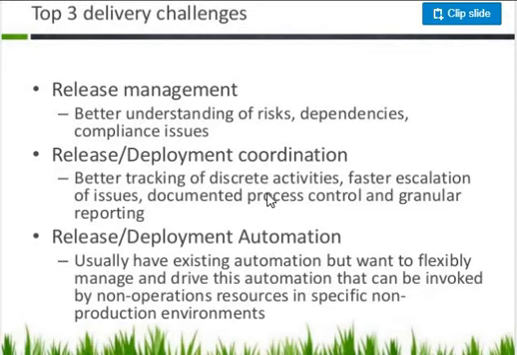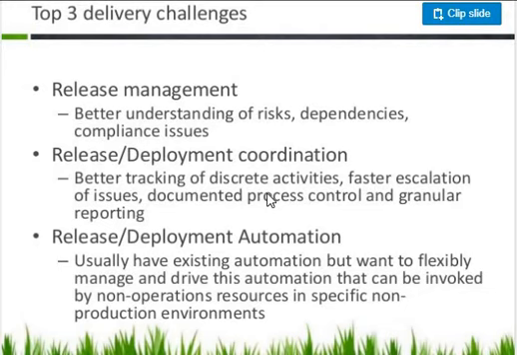Release management means better understanding of the risk, dependencies, and the compliance issue. Then we have the deployment coordination: better tracking of discrete activities, faster escalation of the issue, documented process control, and granular reporting. So what exactly does deployment coordination mean?